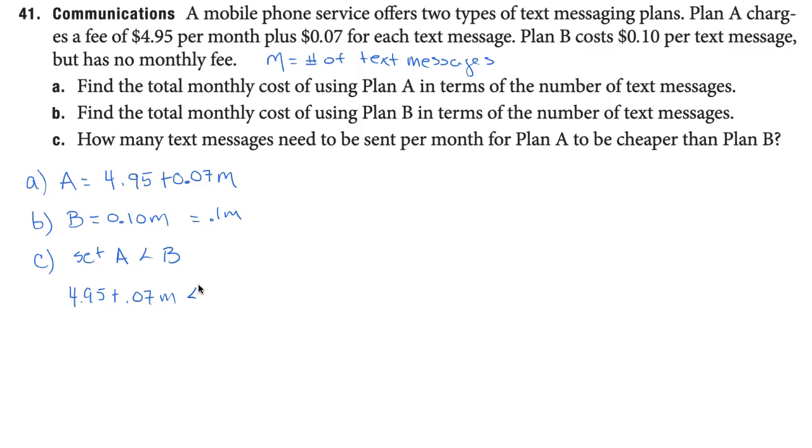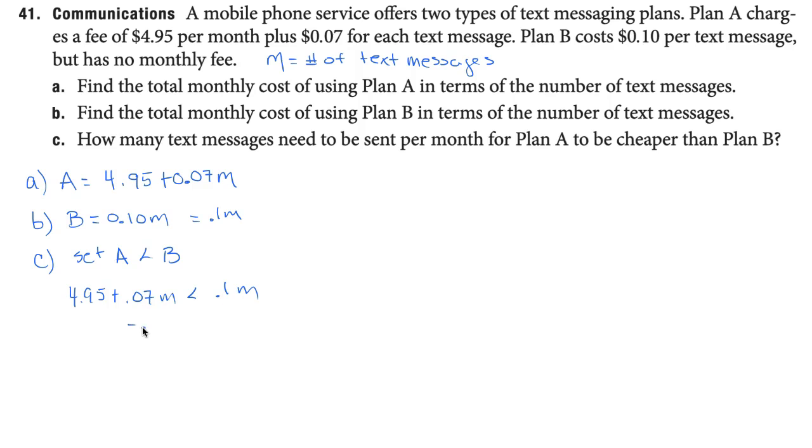So that's going to be less than 0.1 M, or 0.10, whatever's easier for you to see there. Now we want 4.95 on one side and the M's on the other. We want the M to be positive, so it doesn't really matter how you rearrange this.